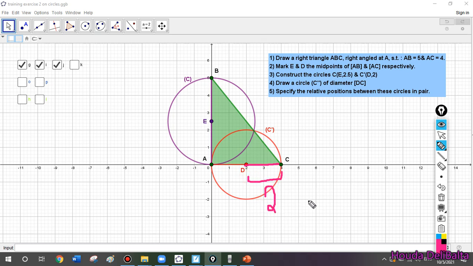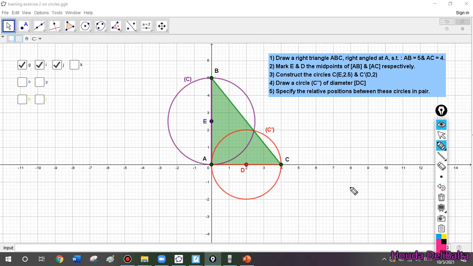But to draw a circle, we don't need the diameter, we need the radius, and the radius is the diameter divided by 2. So the radius is going to be 1. So I'm going to draw a circle whose radius is 1 and whose center is, of course, the midpoint of the diameter DC.